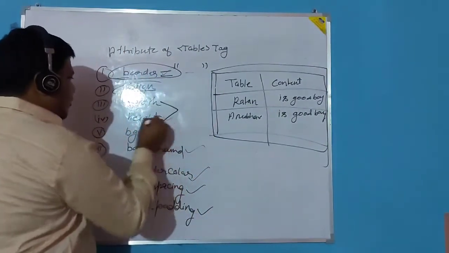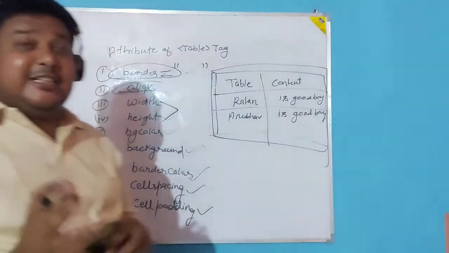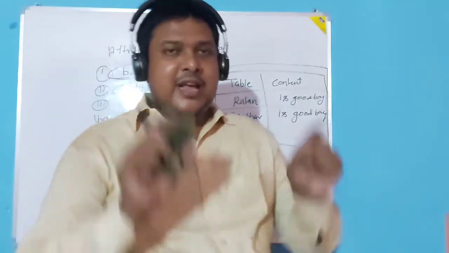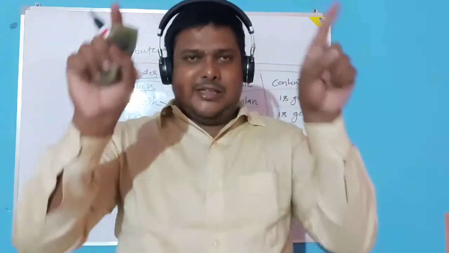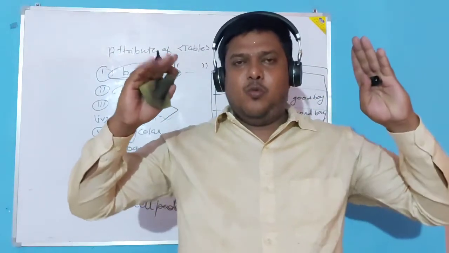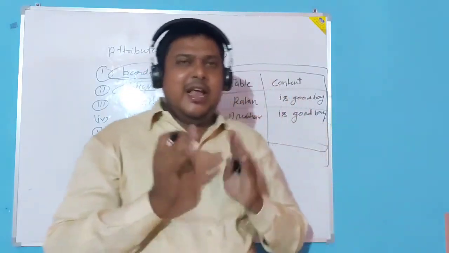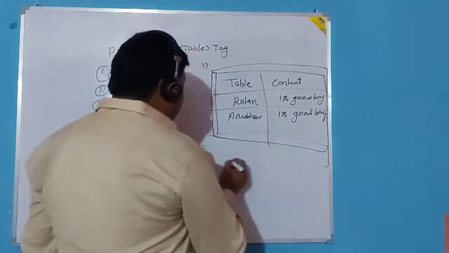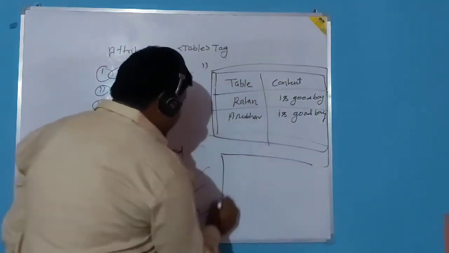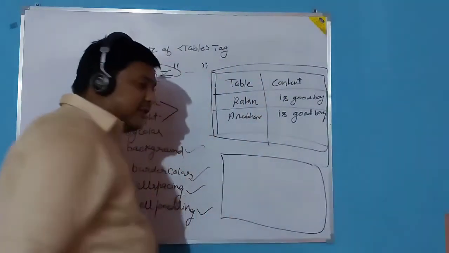And now we have two more attributes that are used to set the dimension. Dimension means how much area, xy coordinate, that we can say how much larger table you want to display. That means how much x-axis and how much y-axis, in both combination, you want to display.